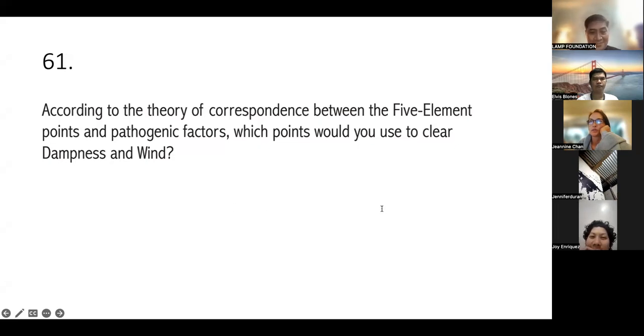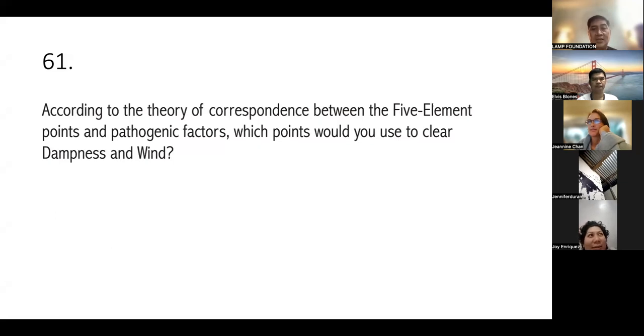Sabi ko kanina, pag dampness, gagamit ka ng earth points. Oo, Doc. Pag wind, anong gagamitin? Naku, ang hirap naman nito, Doc.